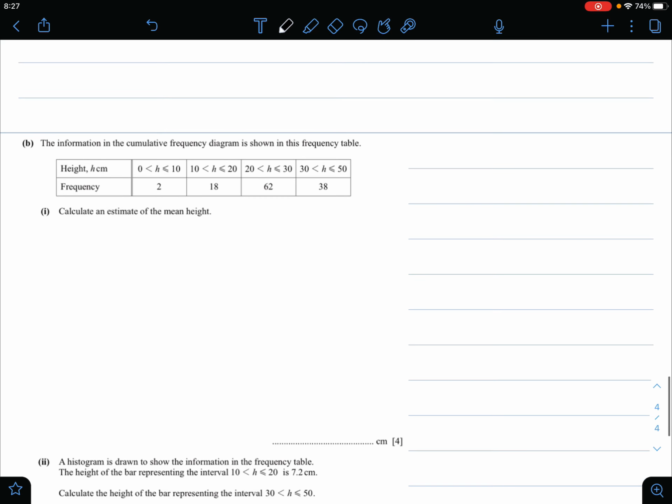For part B, they are asking us to calculate an estimate of the mean height. So the formula of mean when frequency is involved is summation fx divided by summation f. To find an x value, all you do is find the midpoint of the class width.